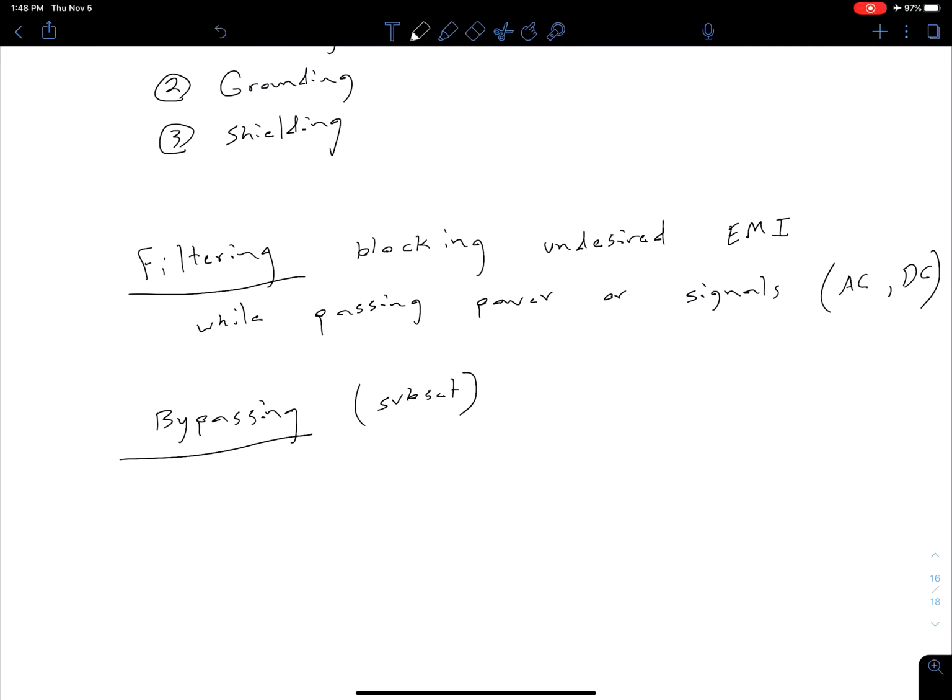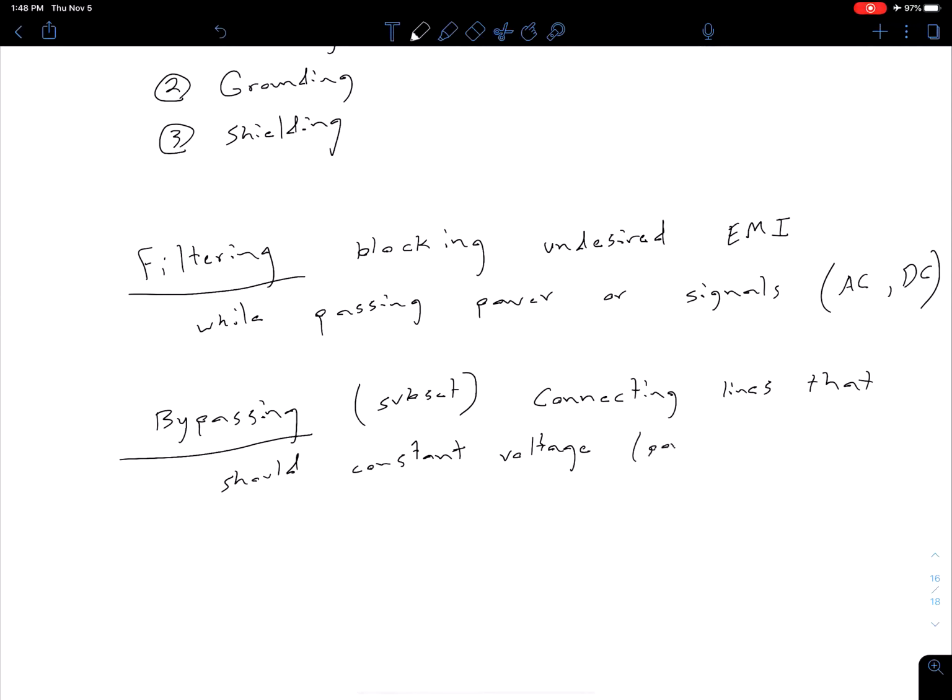We've looked at this before in a previous video, and we're actually going to come back to that circuit here in a minute. But what bypassing is, is connecting some line that should be at a constant voltage to ground via a capacitor. Oftentimes this is going to mean power supply lines, as we saw in a previous video.